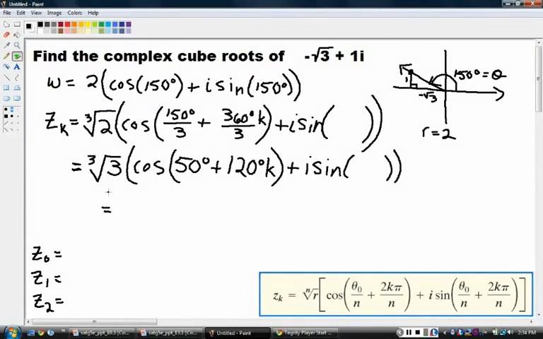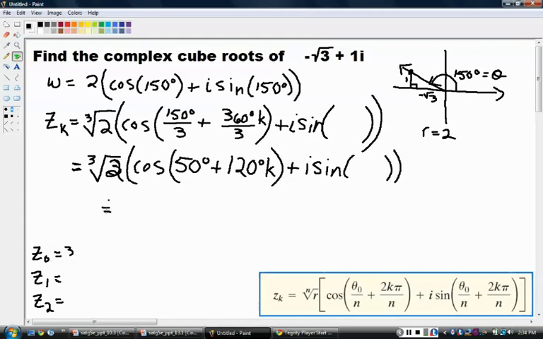Now I'm going to start with my answers down here at the left. z sub 0 is going to take k to be 0, right? That's what these are, k0, k1, k2. So my first answer, oh, I made a mistake. Let me jump back. That should be 2. Fix that. That's a 2. Sorry about that.